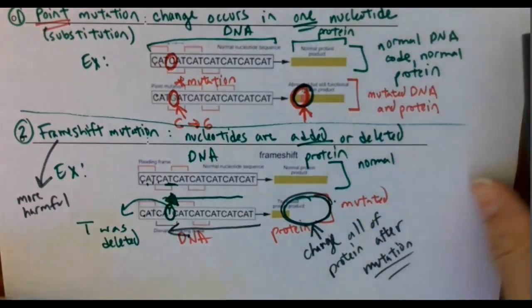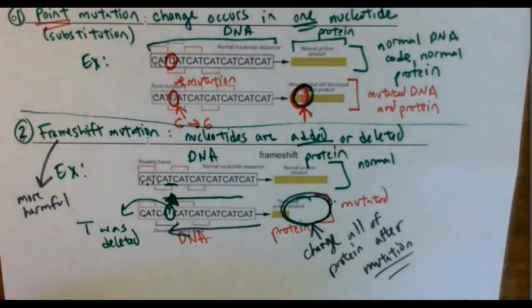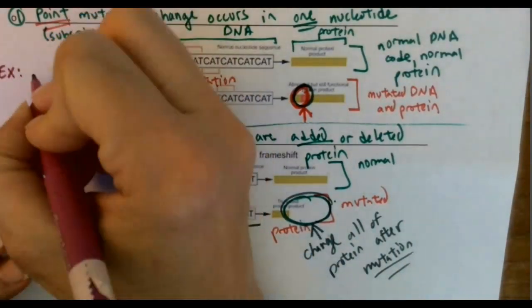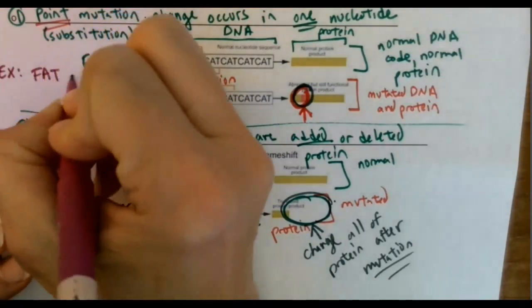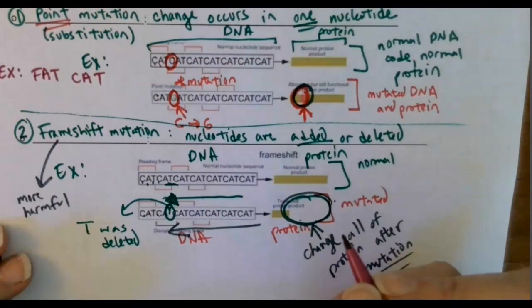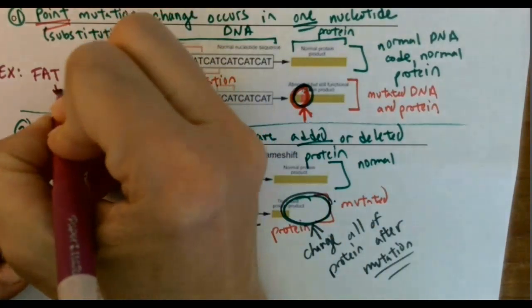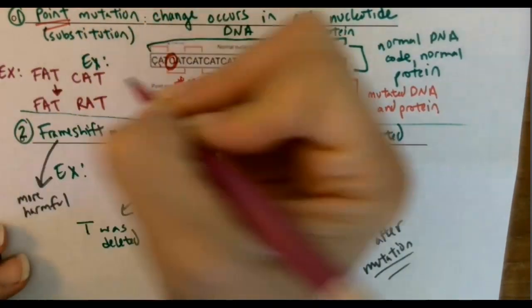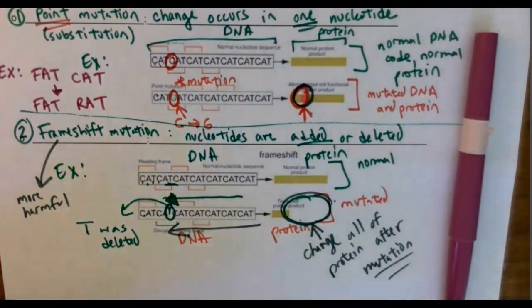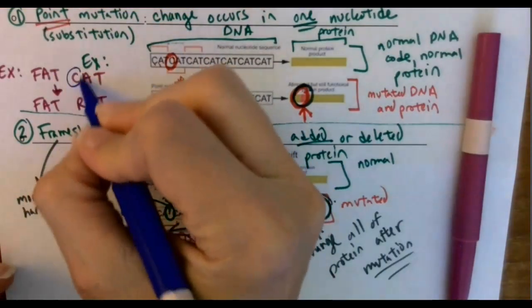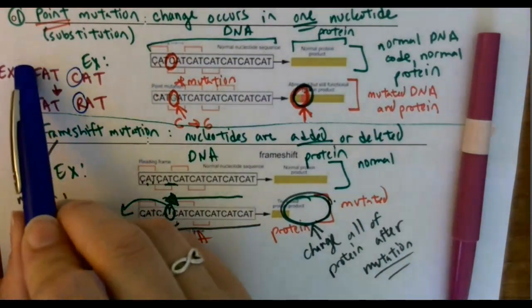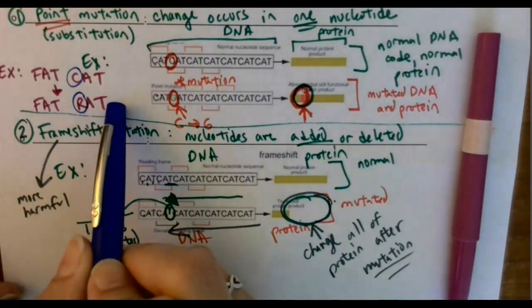Let me give you an example with words. In a point mutation, let's say I have the words fat cat, and I mutate it, and now it says fat rat. I switched the letter C for the letter R. It still makes sense. It went from a fat cat to a fat rat.